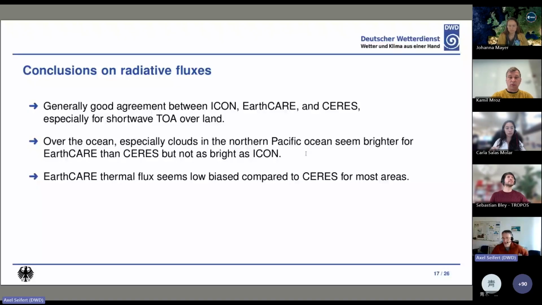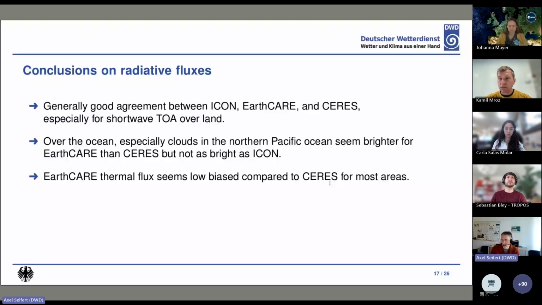And there, ICON is brighter than EarthCARE and Sirius, but also EarthCARE is a bit brighter than Sirius. So that would deserve some more attention. I can't give you a definite answer now why this is. In general, the EarthCARE thermal fluxes seem to be low biased compared to Sirius.